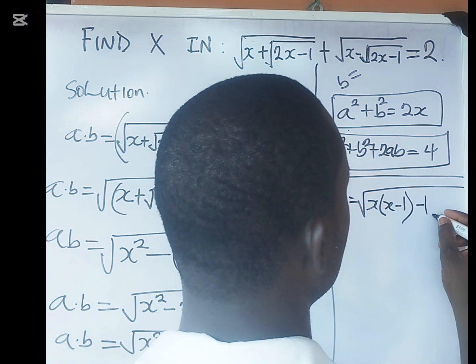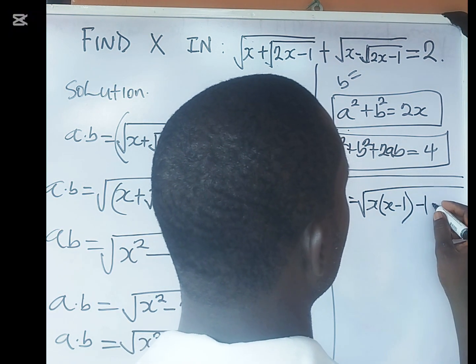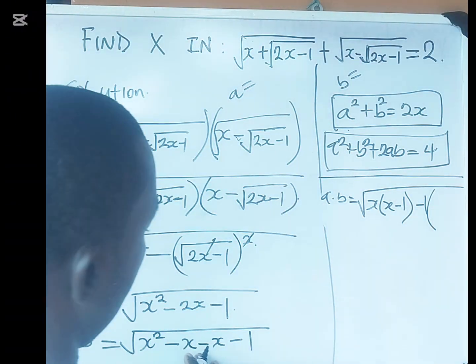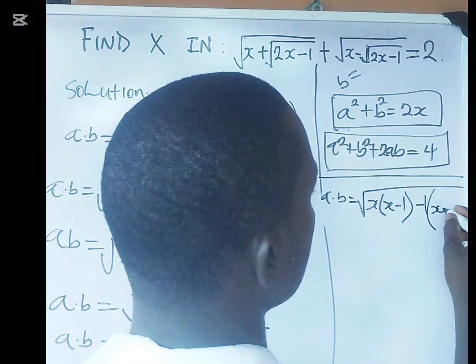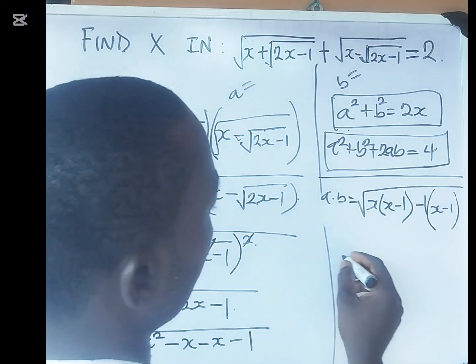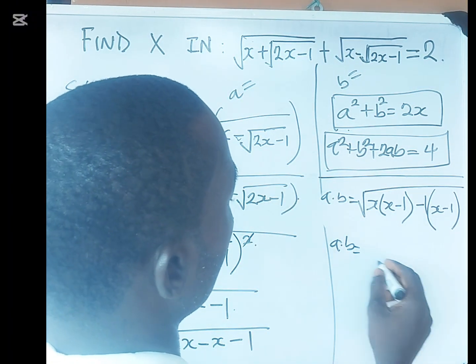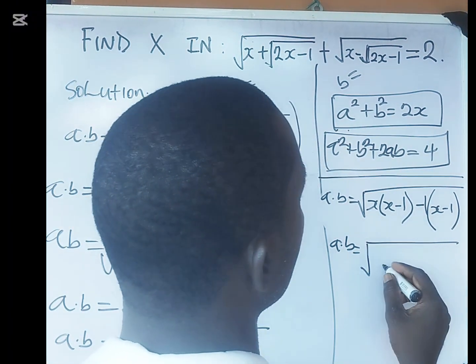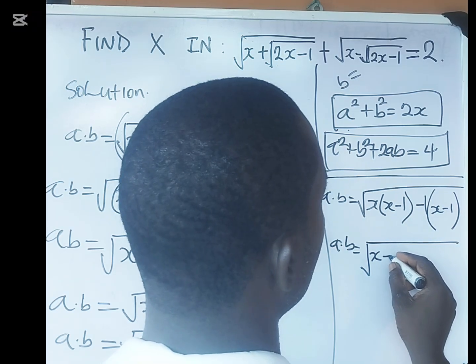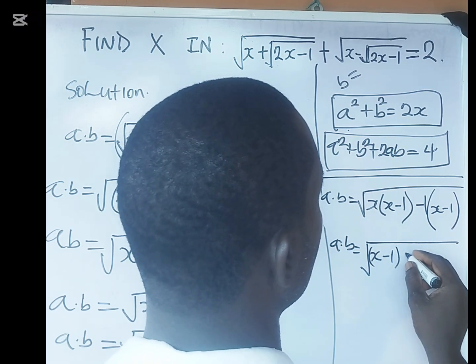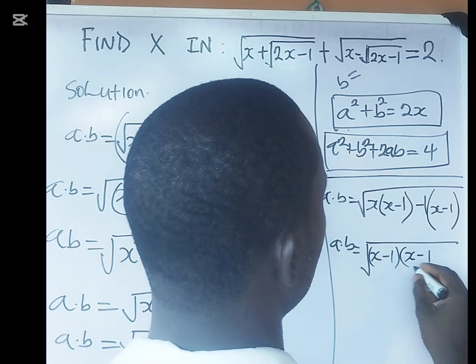So bring that minus 1, I will have x minus 1. A times B will become equal to root of x minus 1, x minus 1.